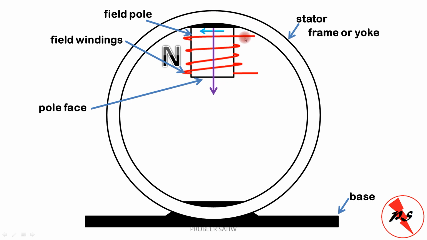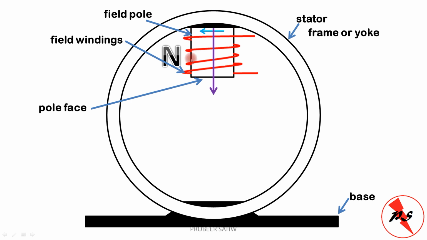On these pole cores, we wrap electrical wires, which we now call field windings, and we pass DC current in these field windings. If we pass DC current in this direction, then according to the right hand thumb rule, a magnetic field will be produced in this direction. So this pole will behave as the north pole.